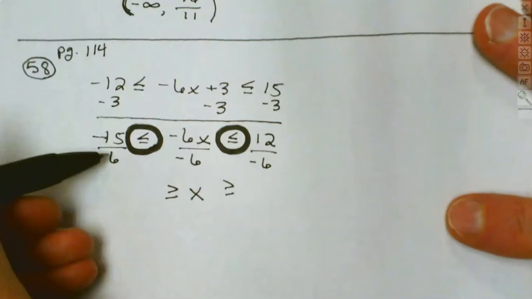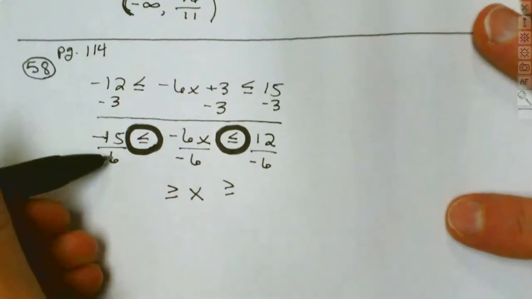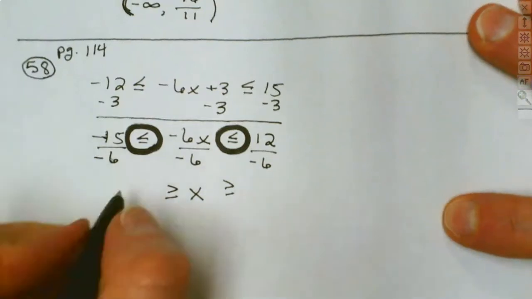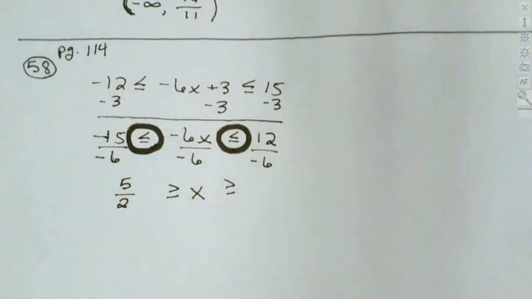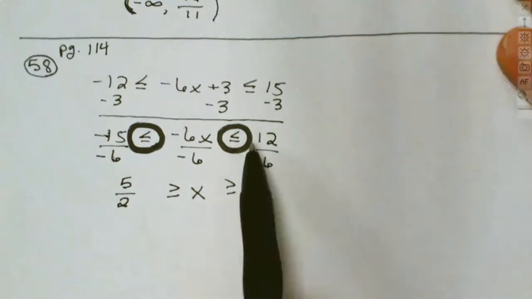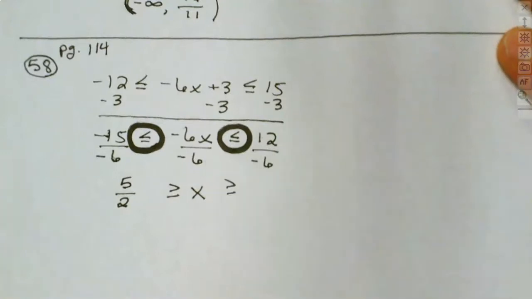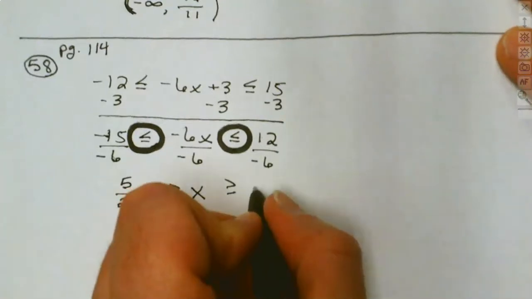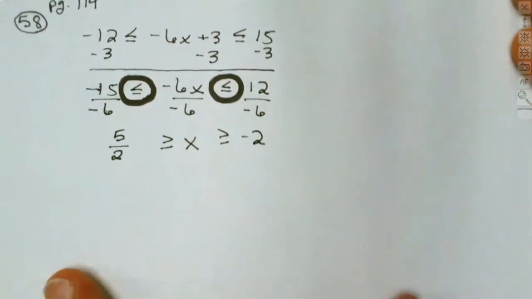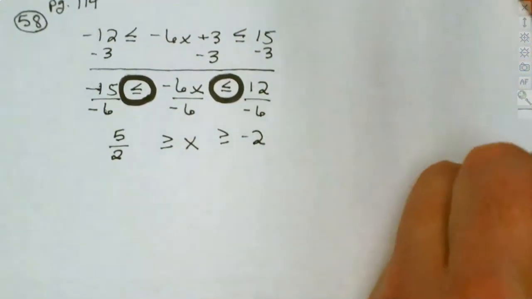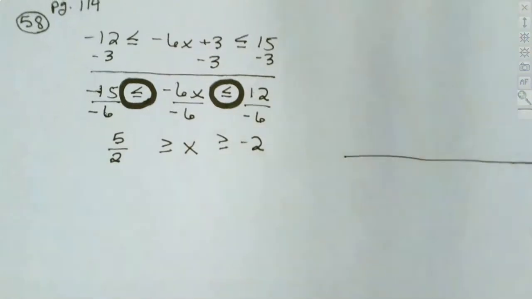And 15 over 6, they both have a 3 in common. So that's going to leave you with 5 over 2. So that's the left-hand side. Now what about the right-hand side? 12 divided by that negative 6 leaves you with a what? Negative 2.